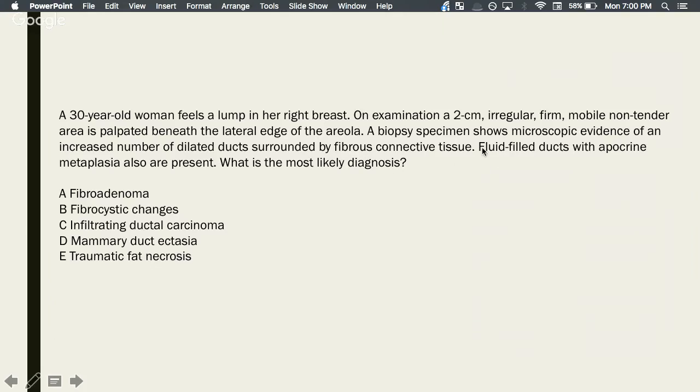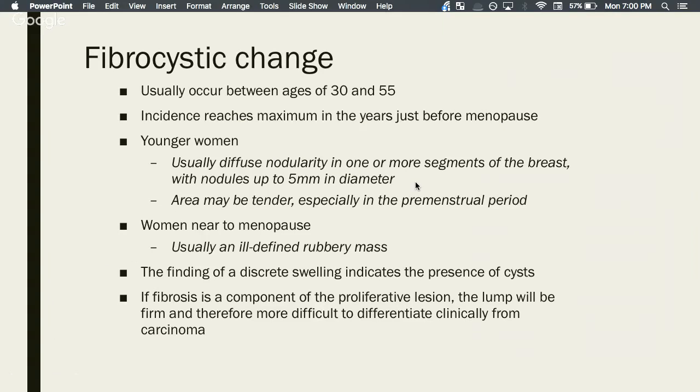Fibrous connective tissue, cysts, fibrocystic change. They usually occur in youngish women, though they tend to peak just before menopause.